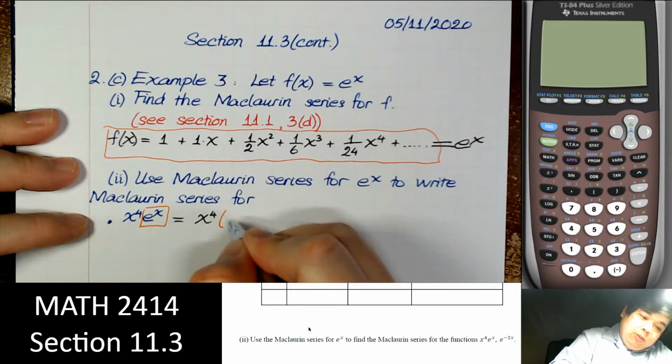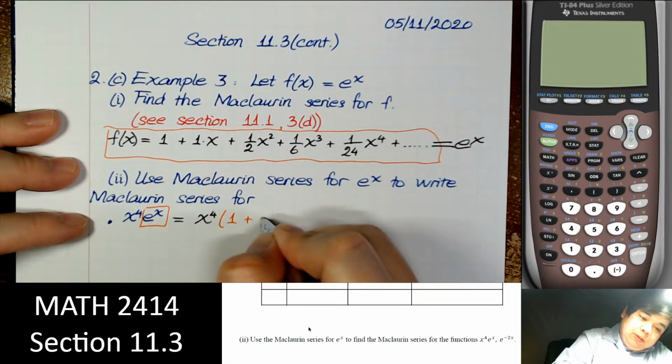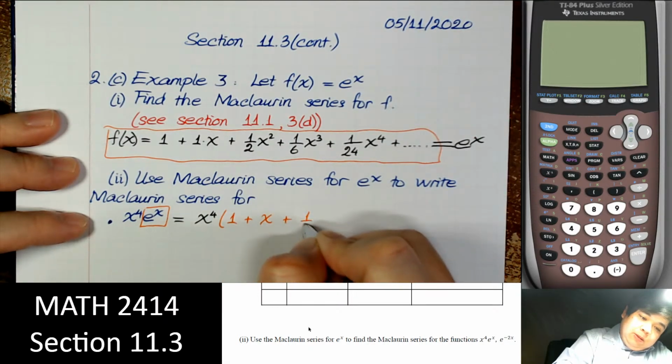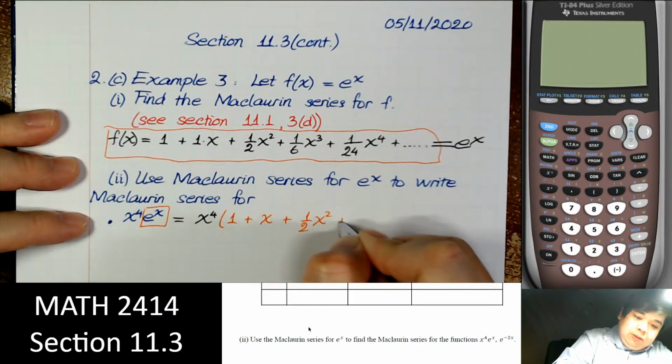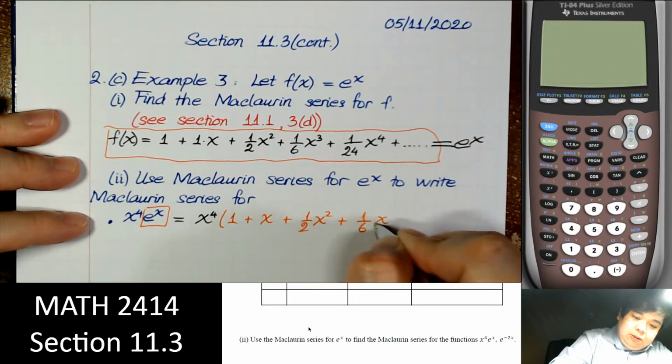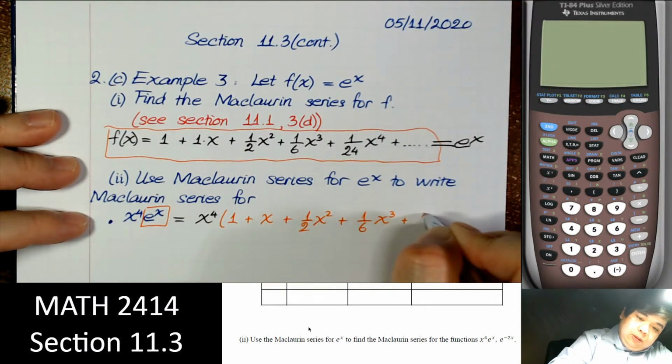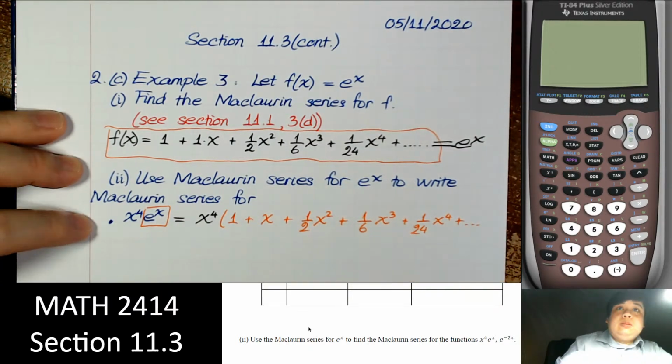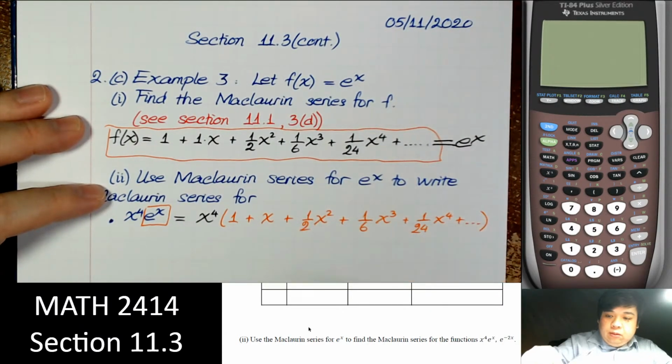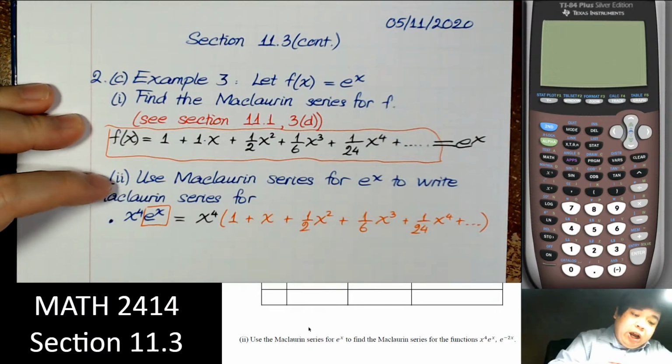So we just multiply by 1 and we just multiply it out.